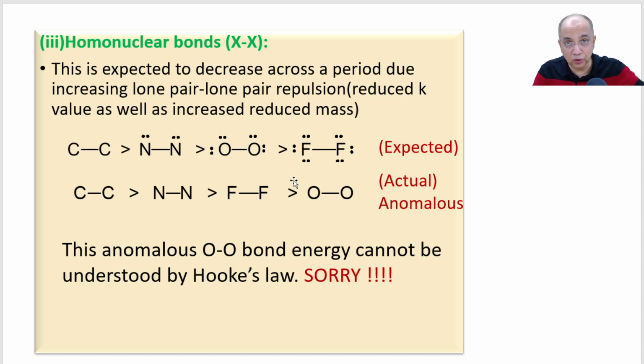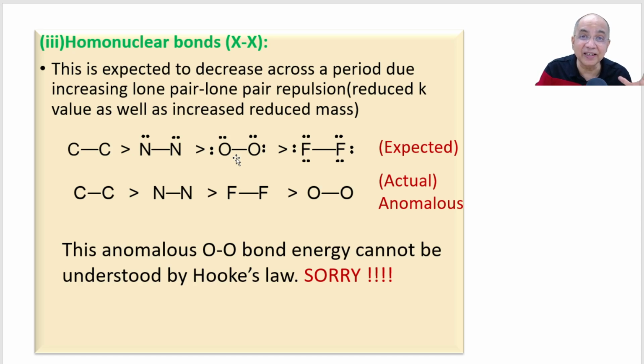Going from left to right, the reduced mass increases. And moreover, the number of lone pairs also increases. Because of the repulsion between the lone pairs in the adjacent atoms, the bond oscillator becomes weakened.